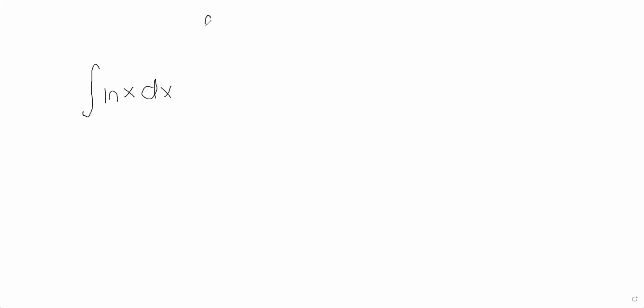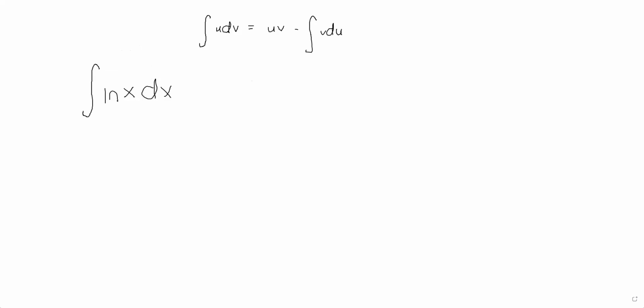Integration by parts tells us that whenever we have the integral of the product u times dv, the product of two different functions, it's going to be uv, u times the antiderivative of dv, minus the integral of v times the derivative of our function u. So remember, we have to be really clever in picking a u and picking a dv. Do you remember what the strategy is for deciding u and deciding dv?